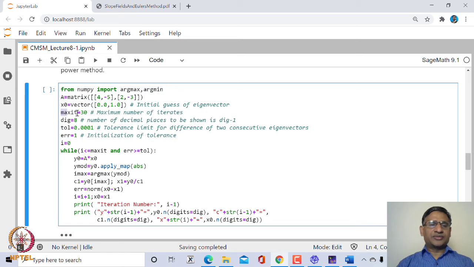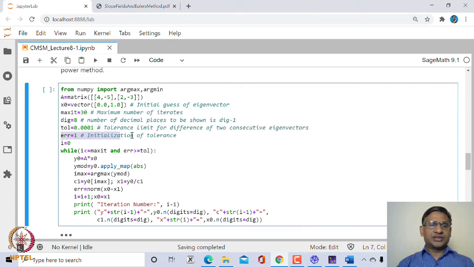We want to do a maximum of 30 iterates, and since each computation is numerical and will display many decimal places, let us restrict to only 8 decimal places in each coordinate, and the tolerance limit is, let us say, 10 to the power minus 4.